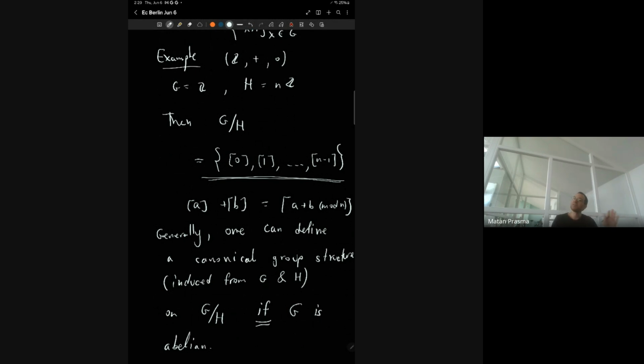Okay, this is something you can look at in the notes, and of course we will cover it eventually if we get to it. But it's a good place to stop, I think.